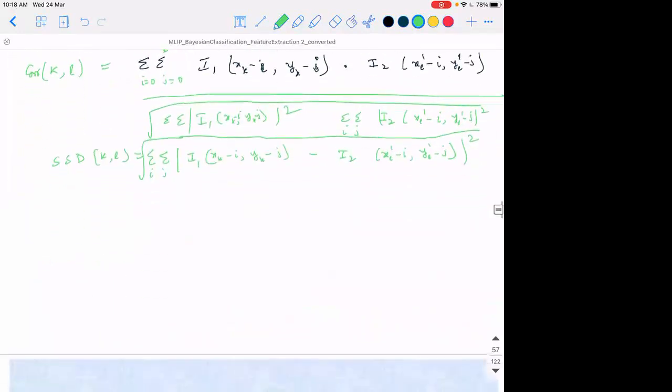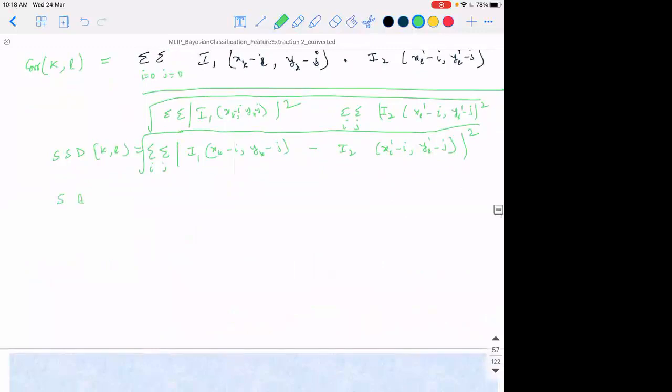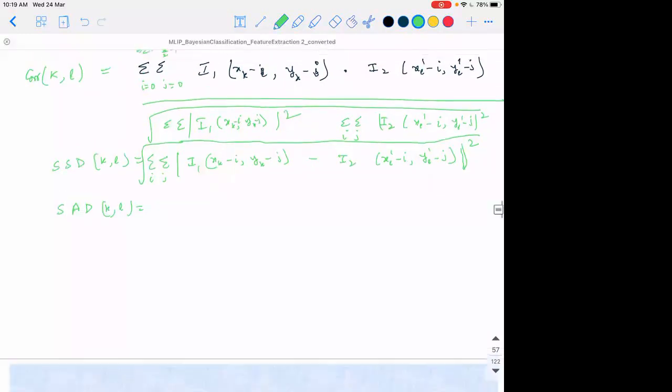We can also do the sum of absolute differences. In that case we just find the absolute difference. I'm not writing the expression, but you can easily do it. You don't apply the square, you take the mod, and find these differences. So these are the loss functions.